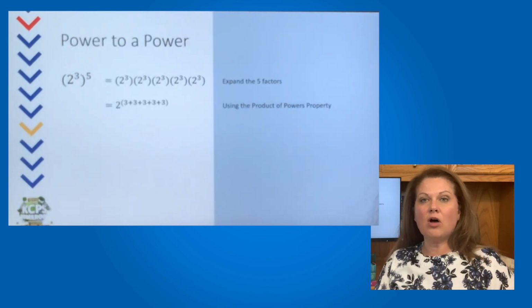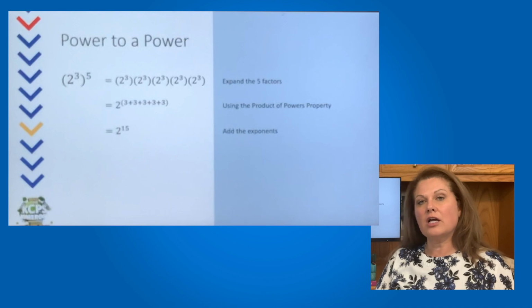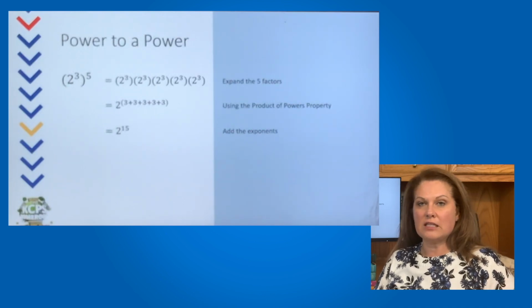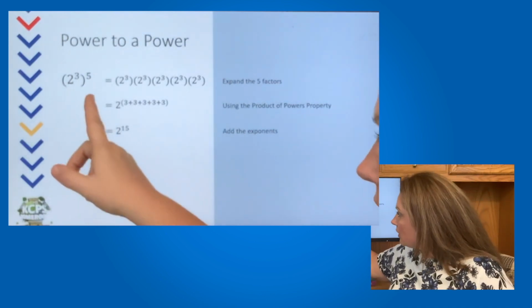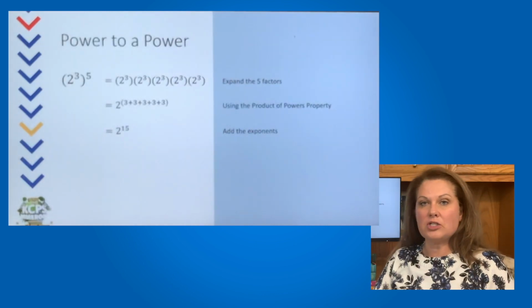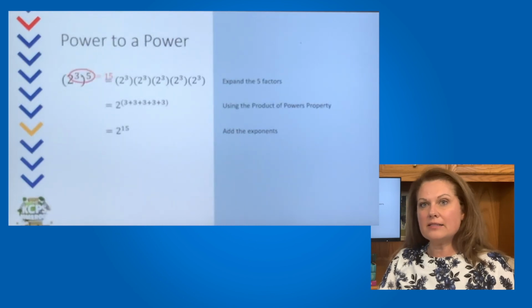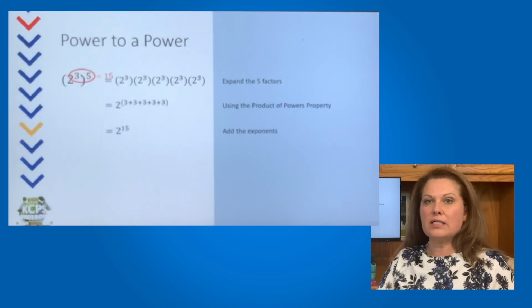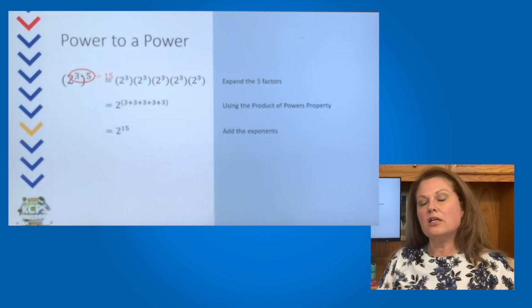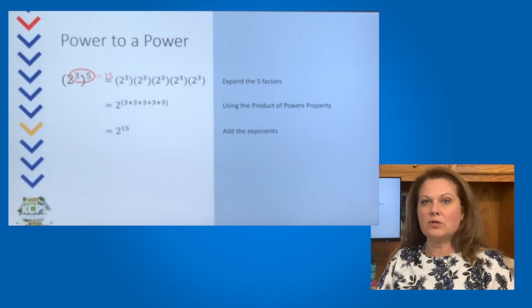If you add all of those exponents together, you would get 2^15. If you look back at our original expression, is there another way you could get 15? If you said yes, and you noticed that 3 times 5 is 15, you have figured out how to use the power to a power property.